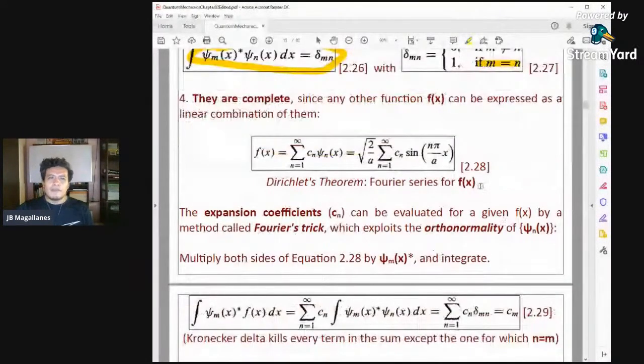By the way, for any function f of x, you can write it as a linear combination of the stationary wave functions.